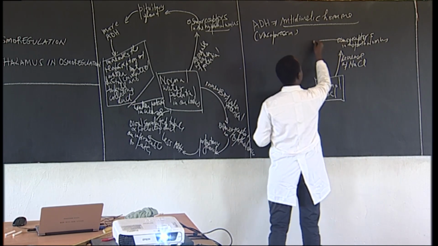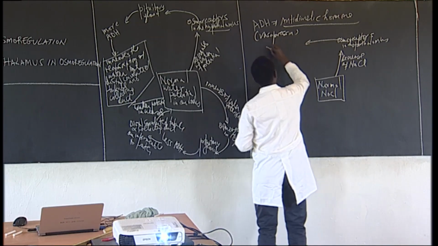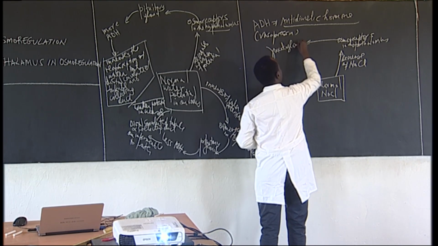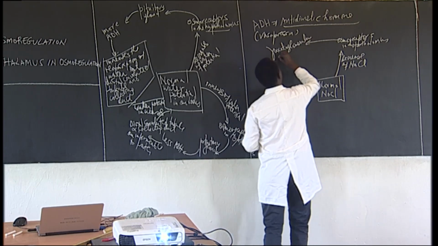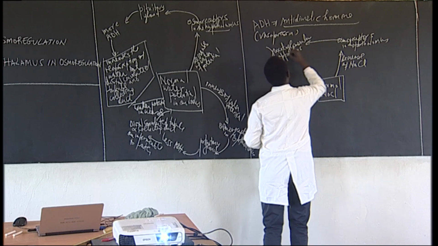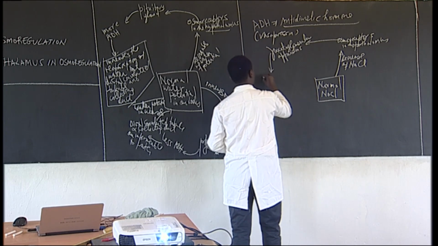And this is going now to tell the juxtaglomerular apparatus in the kidney to secrete the hormone called renin.